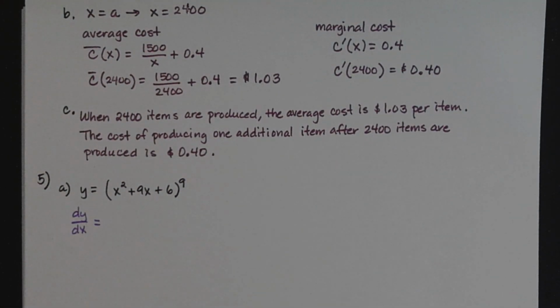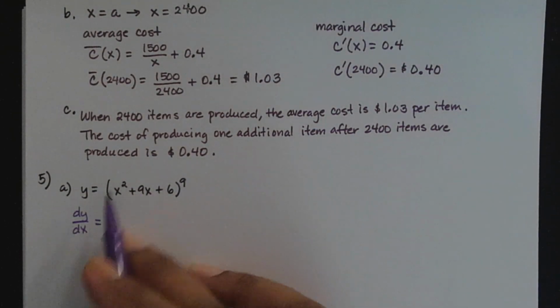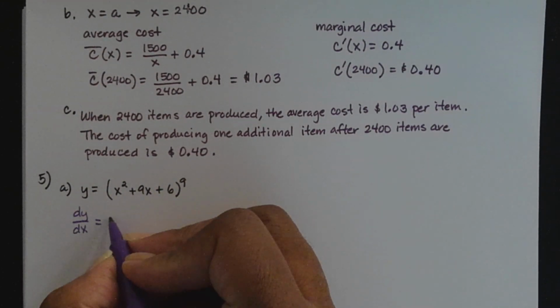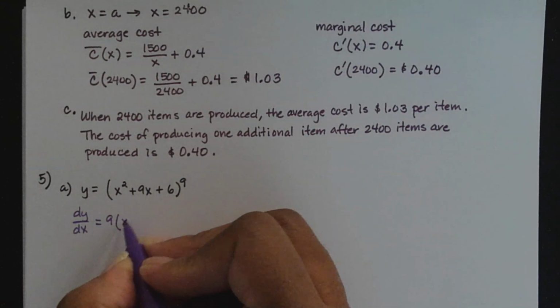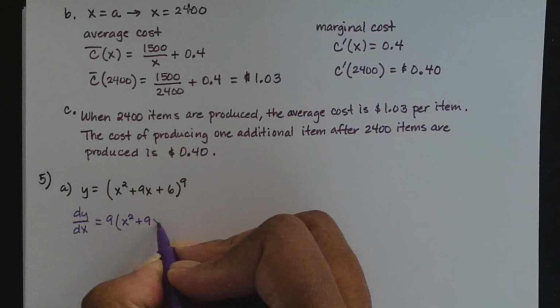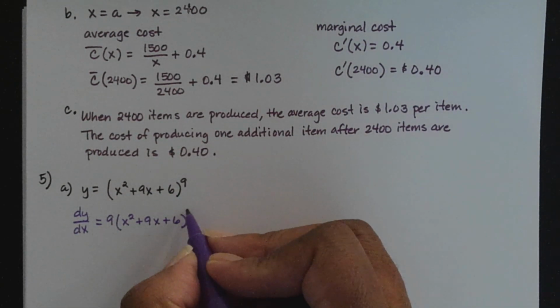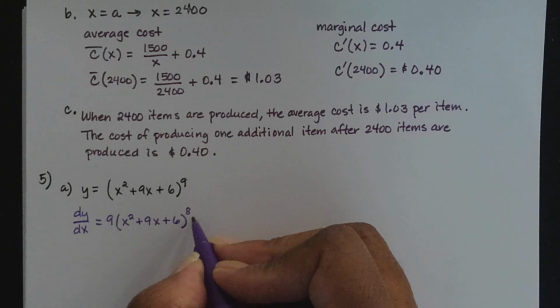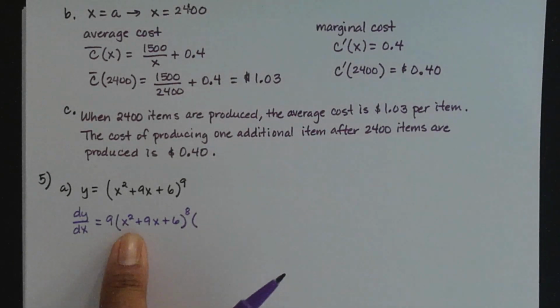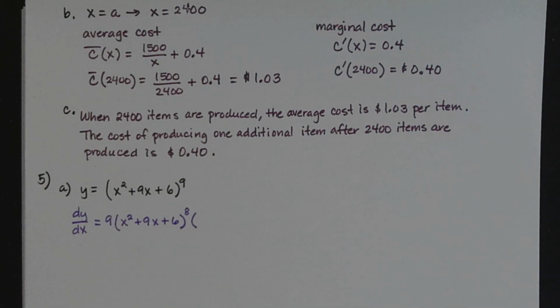Best way to do this, take that exponent, bring it in front, which is your 9. Copy the x squared plus 9x plus 6 over to the 1 less power, 9 minus 1, that's going to be 8. Then we have to take the derivative on the inside. The derivative of x squared plus 9x plus 6 will be what? 2x plus 9.